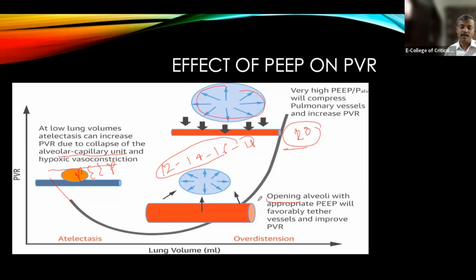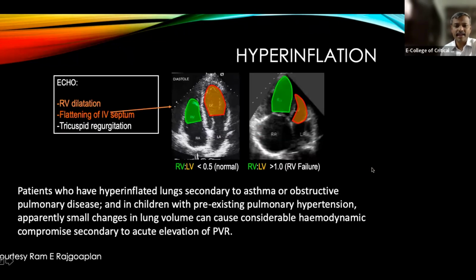The effect of lung volume and PEEP are both related to pulmonary vascular resistance, as we are talking about right ventricular failure. With this understanding, we go to the next slide.